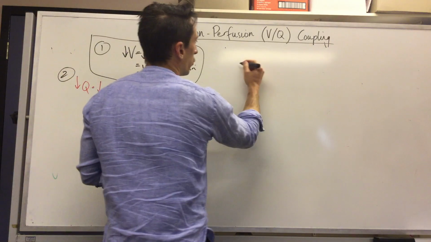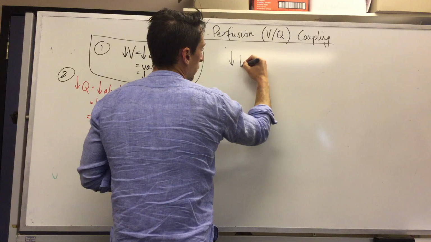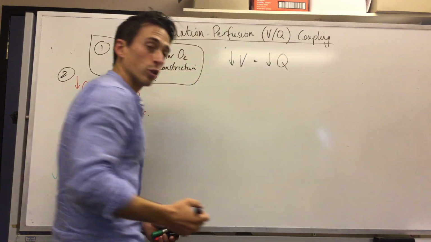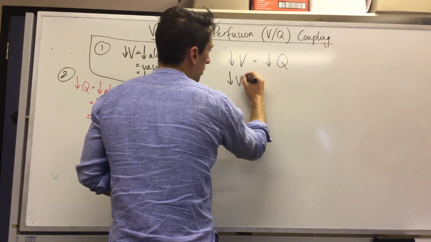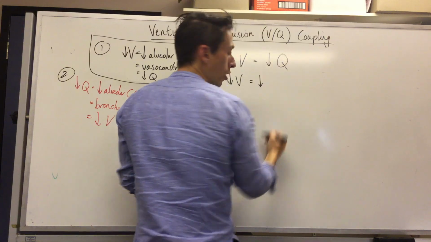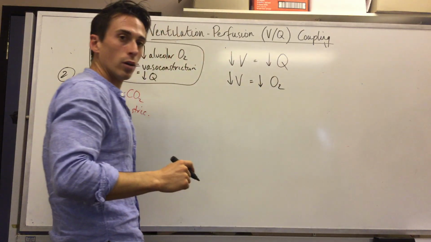And overall, you'll find that a drop in ventilation will result in a drop in perfusion. The drop in ventilation will result in a drop in oxygen in the alveolar.